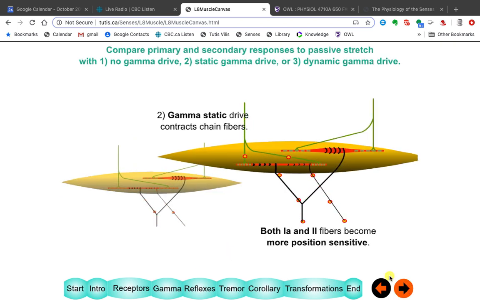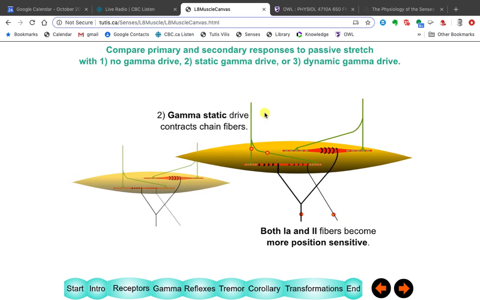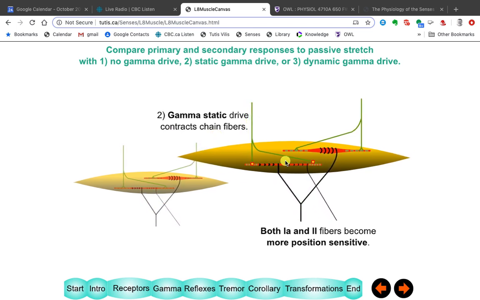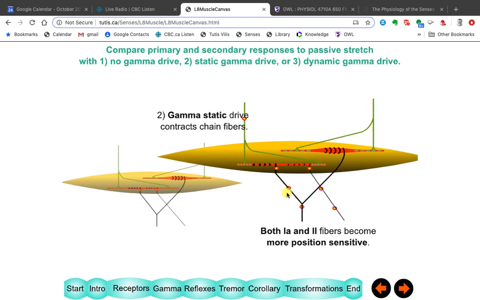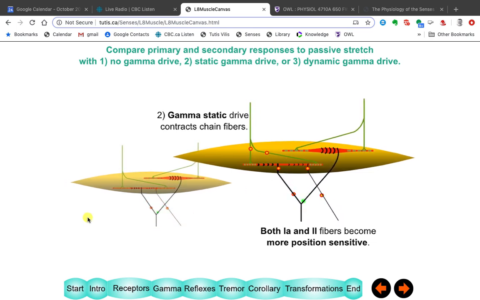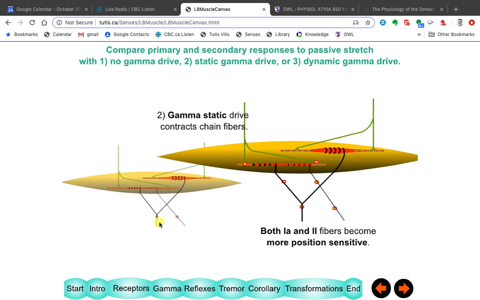If now we have the same thing, but now with gamma static drive going to these chain fibers, if you compare here to here, you will see that there's a lot more activity when the muscle is long than it is here.